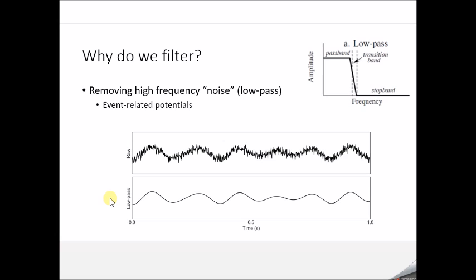In many EEG experiments, electroencephalography, they'll be recording and looking for a very low frequency signal in response to a cue or a memory array or something like that. So they won't want those high frequency components in the signal, so they will generally low pass their data.